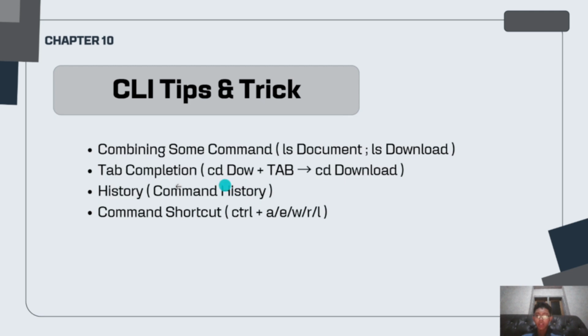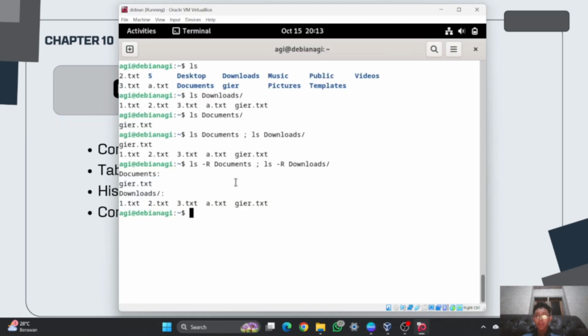And the next one is tab completion. For example, if you want to type cd downloads, maybe you have to type it one by one per word, and it takes some time. So you can just use the tab key on your keyboard.